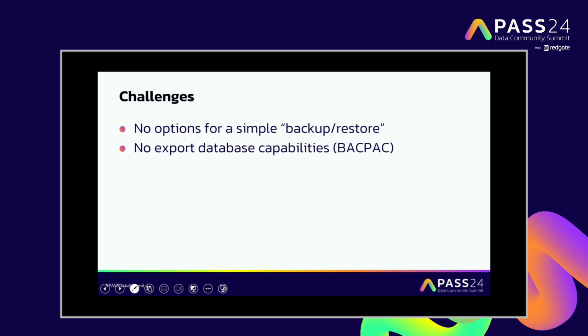If you're familiar with the Azure SQL databases, that also doesn't have a backup restore, but it has the export capabilities, which is the bacpac. Anybody not familiar with bacpacs? It is extracting all of the data and the schema, and it essentially puts it in a backpack.